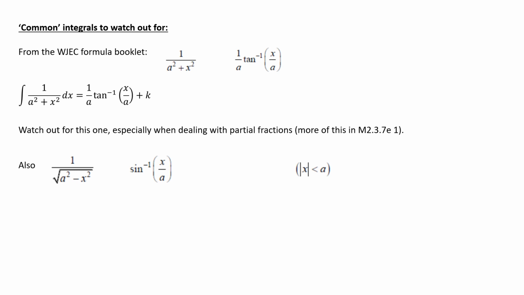Clearly the reason for that is if x was bigger than a, when I square it and subtract it from a squared, I'm going to get a negative value, and we really don't want to be playing around with the square roots of negative functions, because they give rise to an area of mathematics that we have yet to study.